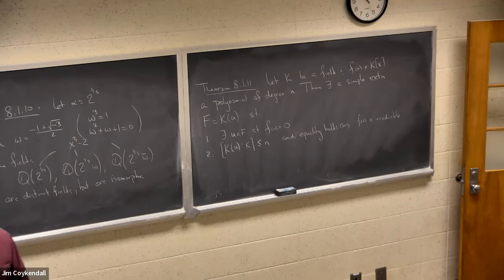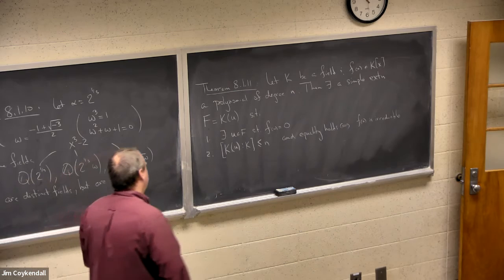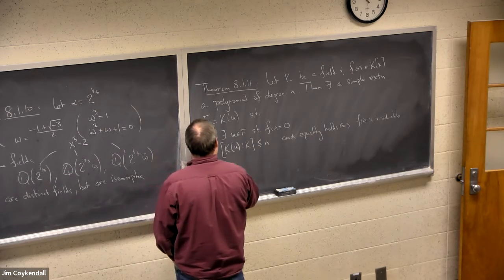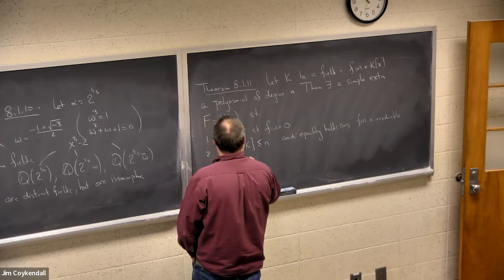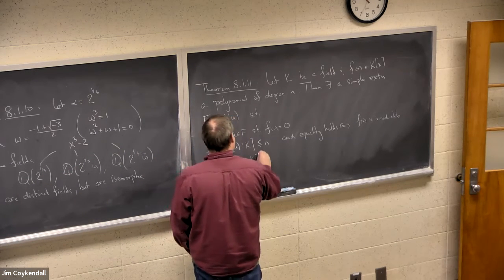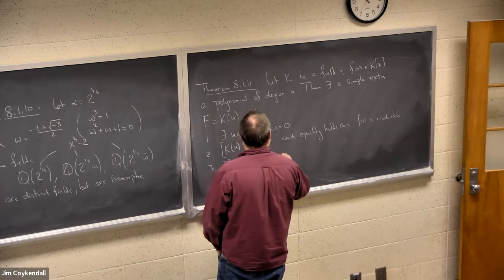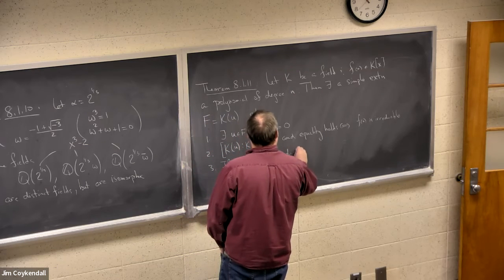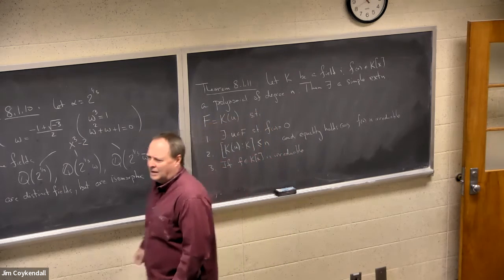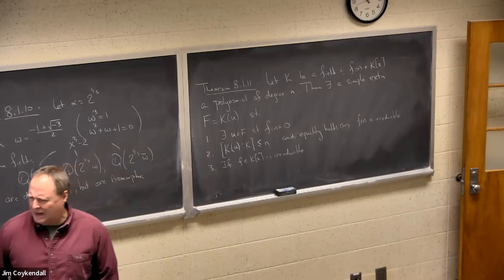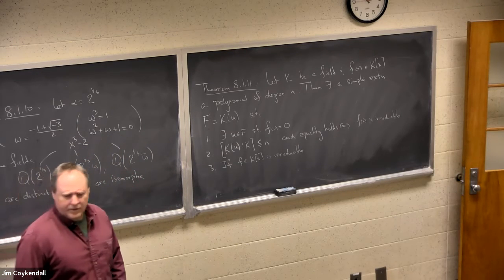And if f is irreducible in K[x], then K(u) is unique up to K-isomorphism.